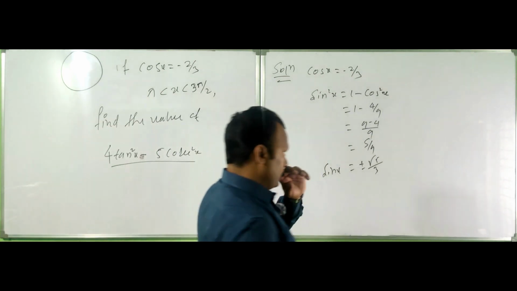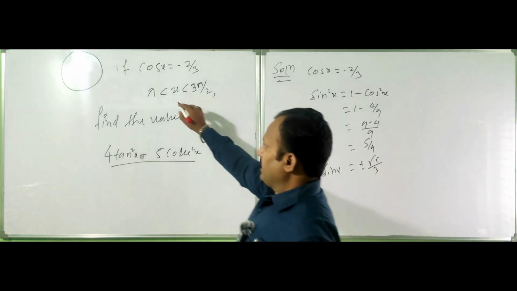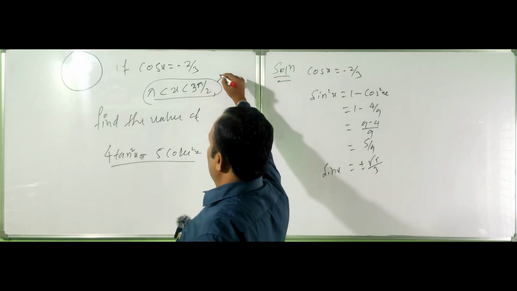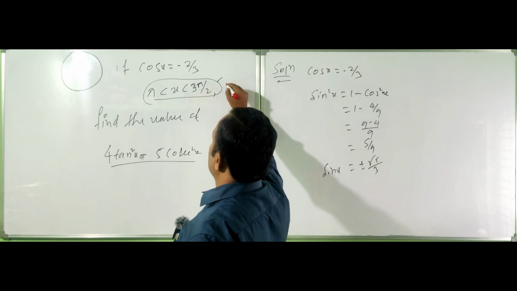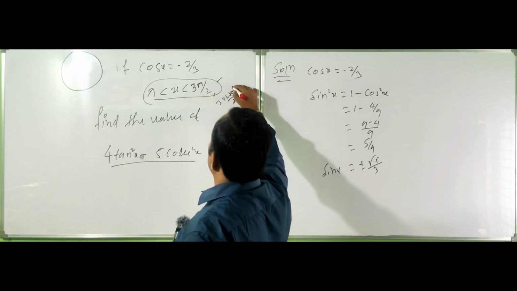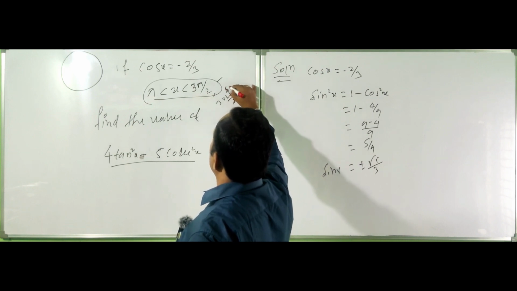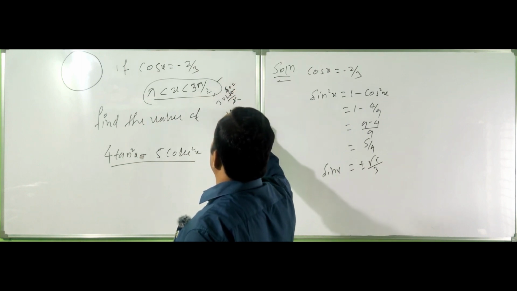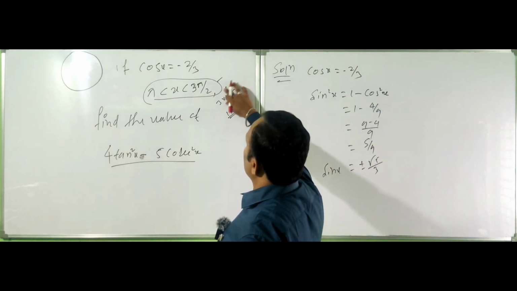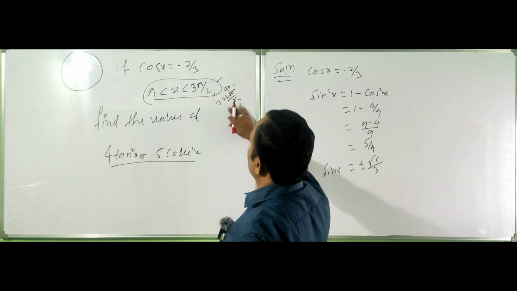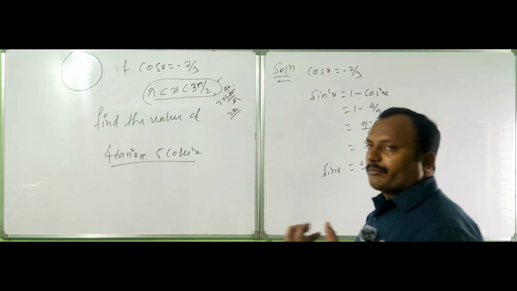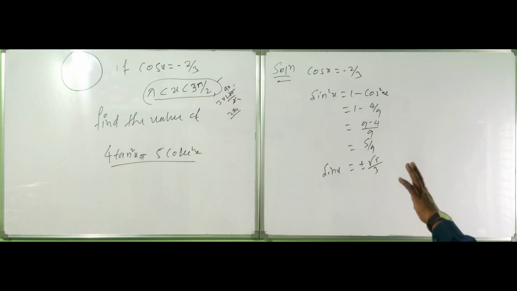And the condition given is, see, x ranges between pi and 3 pi by 2. 3 into 180 divided by 2 is 270.